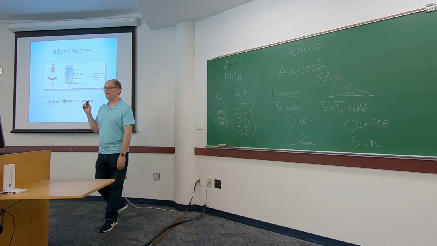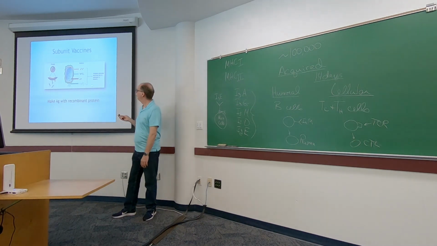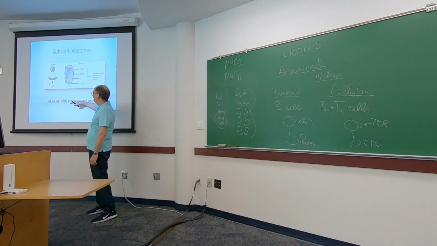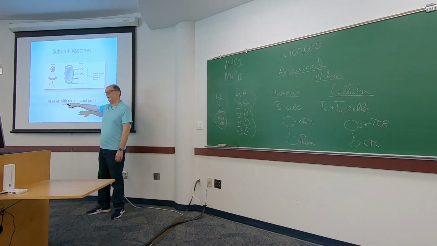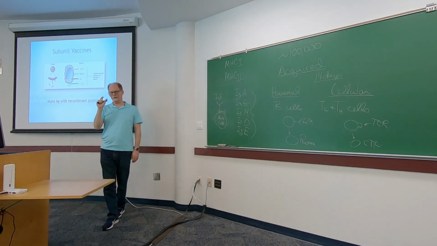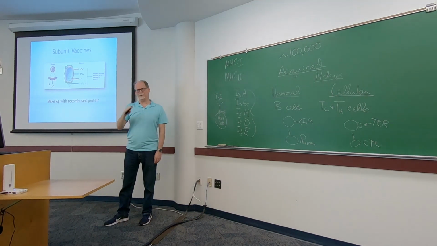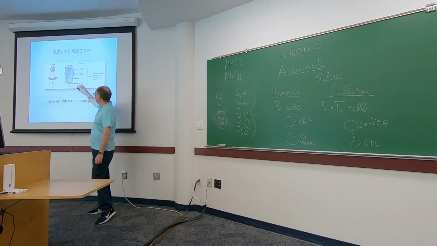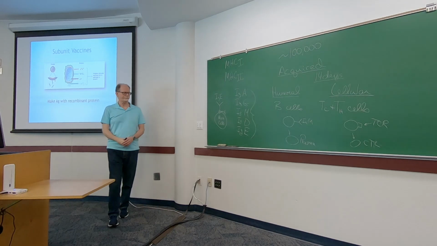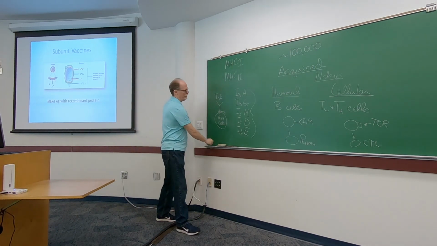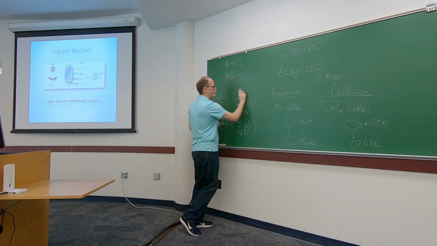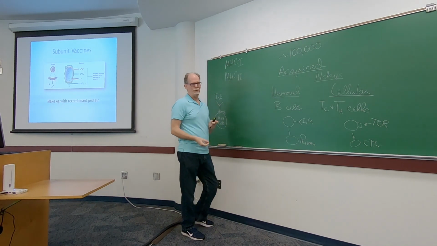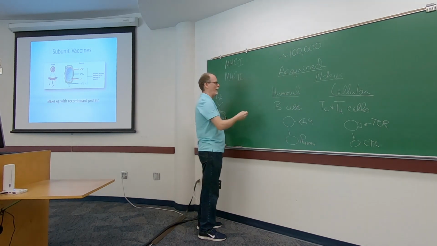Now, subunit would be my preferred, even for COVID-19. I think the best thing to do would be to use very small pieces of the COVID-19 spike protein, not the whole darn protein, and make specific antibodies to the spike. You're only injecting the protein, which is what normally is found in vaccines.